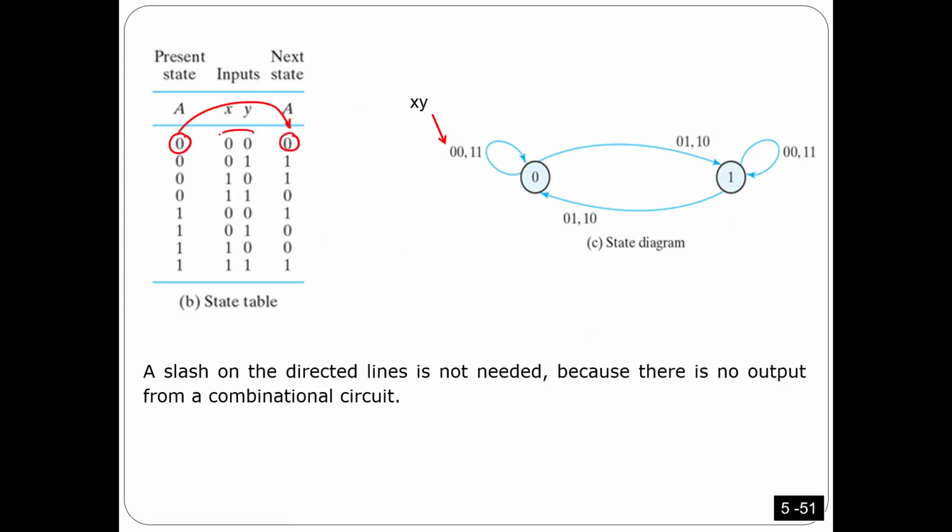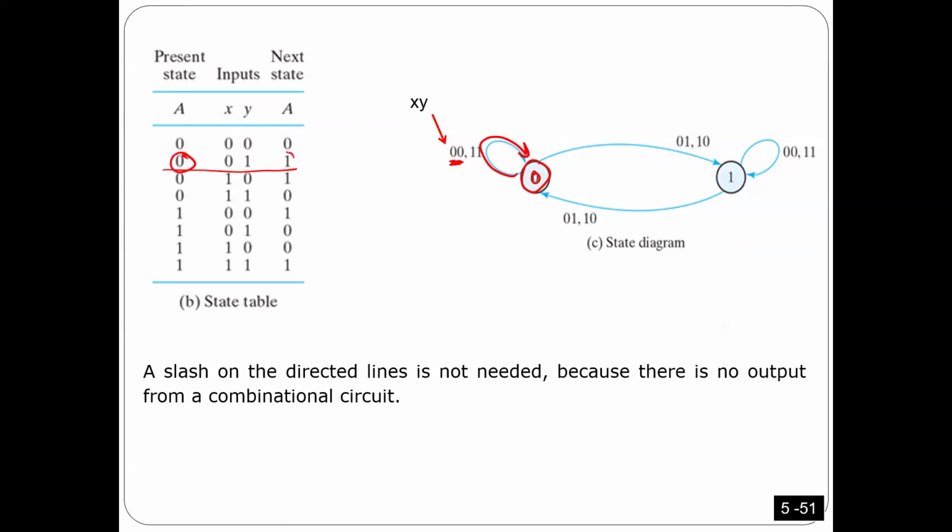That's why you can see here, if I'm in state 0, I go back to 0 again when the input is 0, 0. Is that okay? Also look at the second one here. If I'm in state 0, I have to go to state 1.